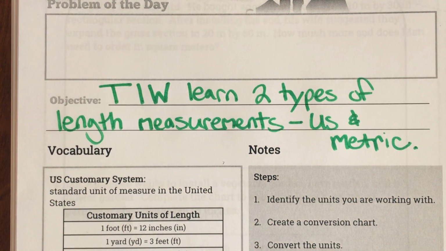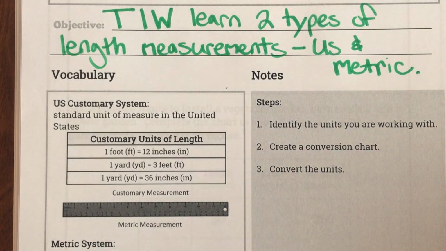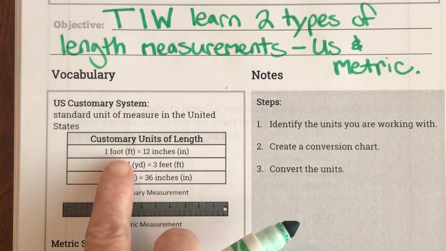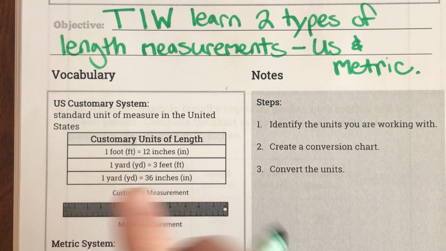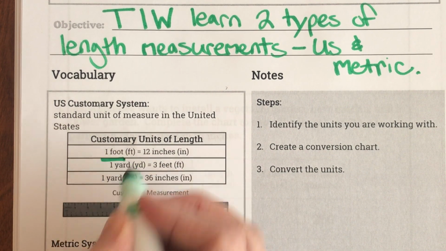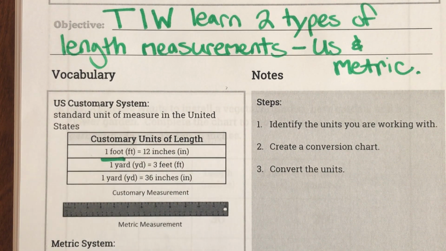Okay, you probably already saw a little bit of that discussion in the first video that you were supposed to watch. So in the US, we use something called the US customary system, which is what we're going to be using this year. We use a foot, which most of you have seen on a ruler, so a ruler is 1 foot.